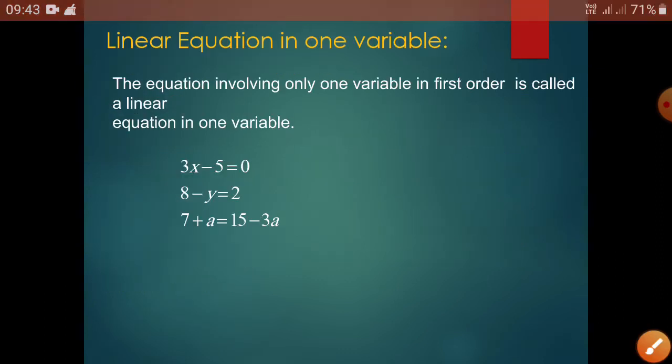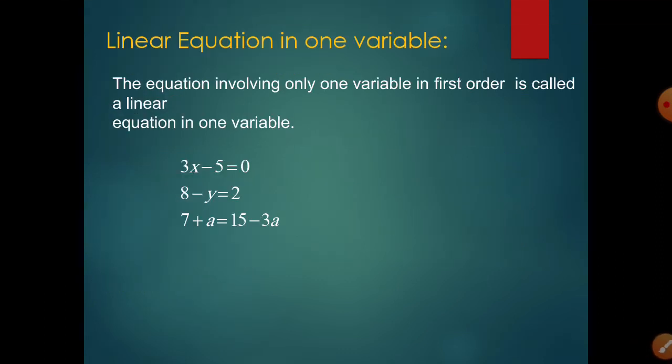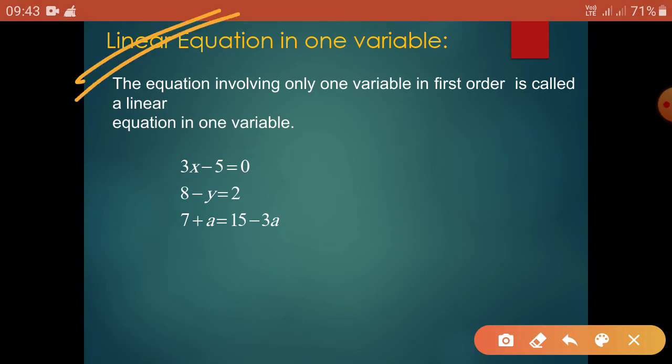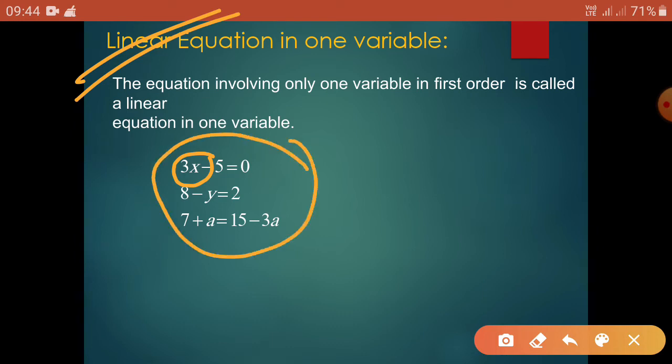Go to the next slide. A linear equation involving only one variable of first order, that means the power of the variable should not exceed 1, is called a linear equation in one variable. So all these examples are linear equations in one variable. Got it?